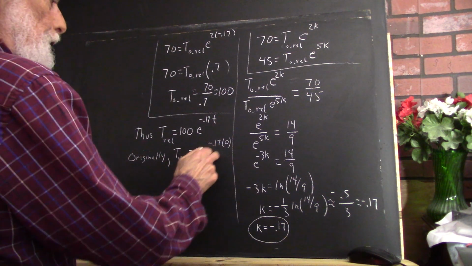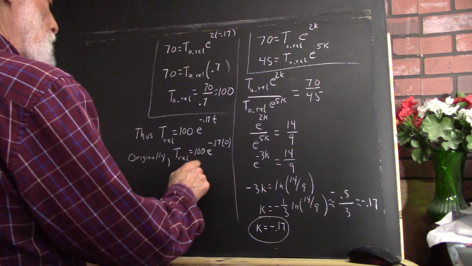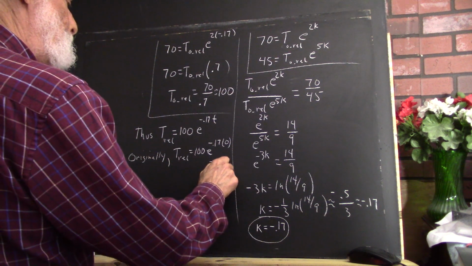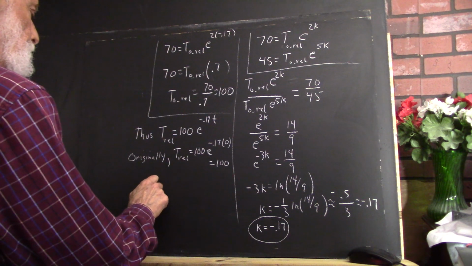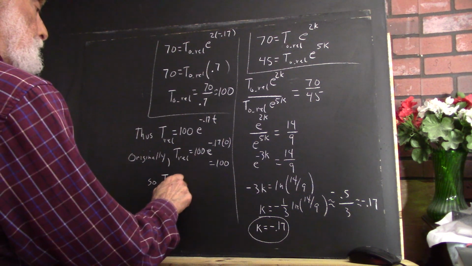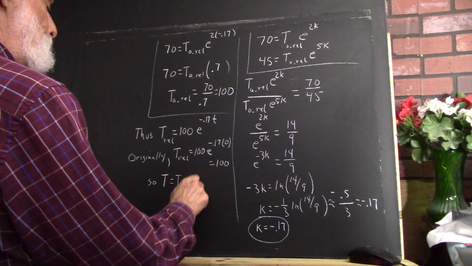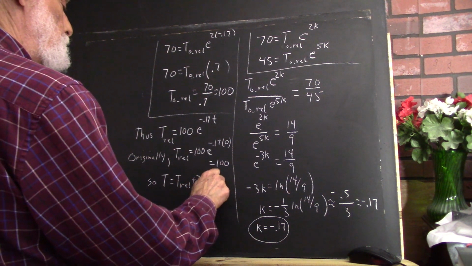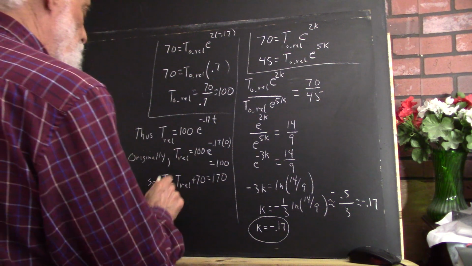So that's real easy to evaluate. T relative is 100. So the temperature would have been 170 degrees.